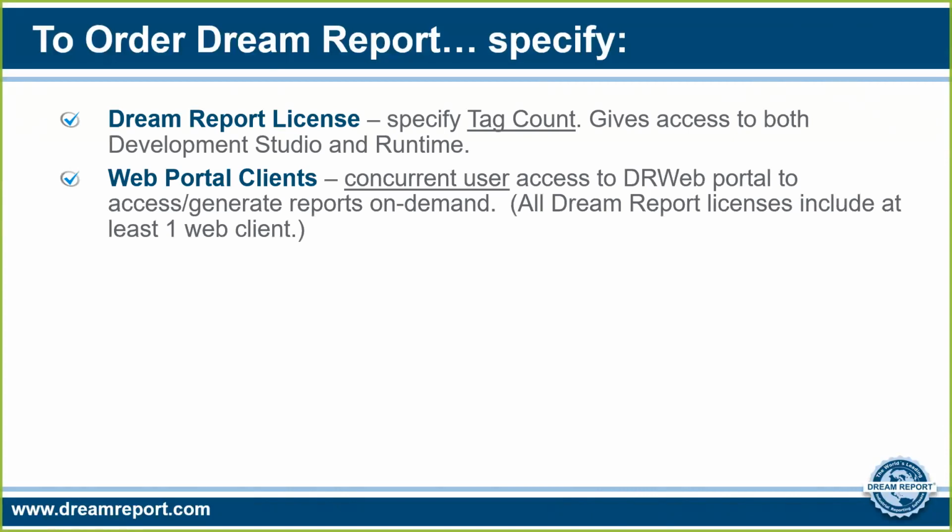So everyone can use this web portal without having to buy additional licenses, because we always include one web client. The bigger tag count licenses include additional web clients, 2 or 5 or unlimited tags include 15 web clients, but you can add, say, a 10-pack or a 5-pack of concurrent users to whatever you already get with Dream Report.